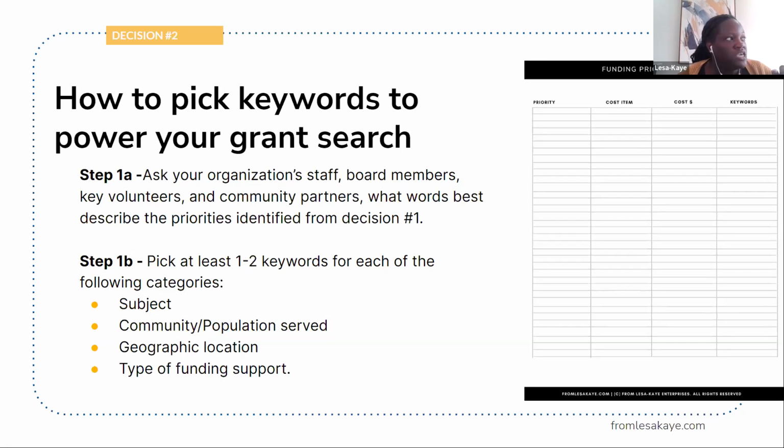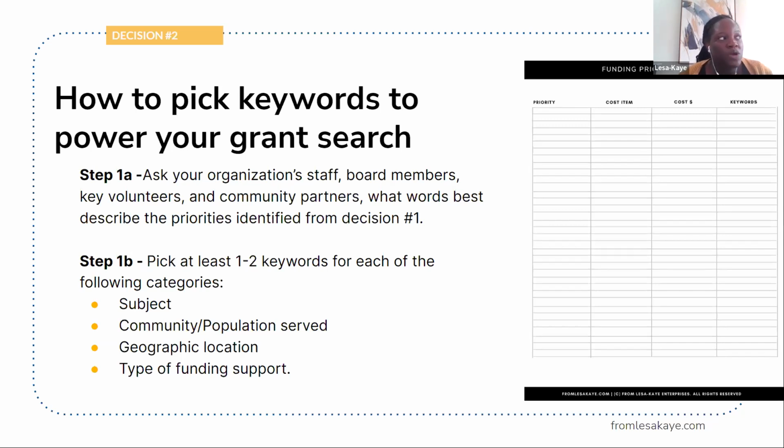So pick 1 to 2 keywords that describe the subject or the cause, the work that you do, the community or population that you serve, your geographic location, and the type of grant or funding support that you need. Are you looking for general operating? Are you looking for a capital grant? You're looking for renovation costs. You're looking for funding to support a training program. You're looking for funding for a health education event.